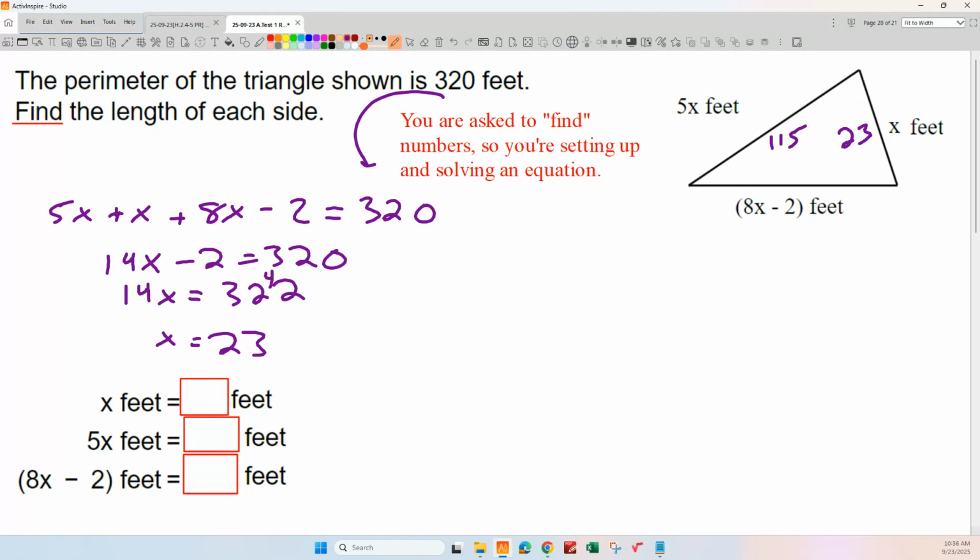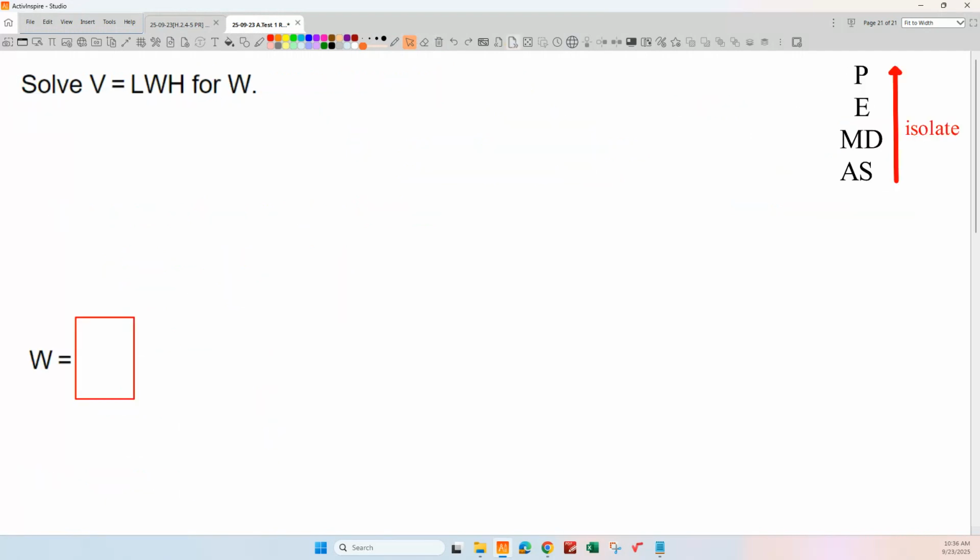Well, 8 times 20 would be 160. 8 times 3 would be 24, so 160 plus 24, 184 minus 2, 182. See, you can do all that stuff in your head. Okay, good? Give me thumbs. How we doing? Okay. Last one, very simple.